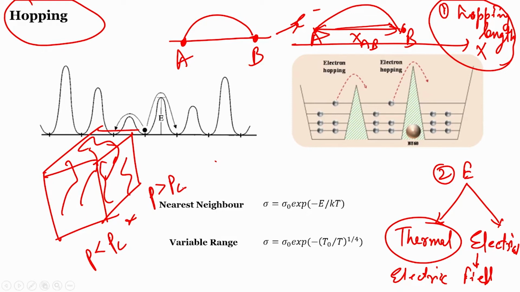Now let us try to understand these two cases in terms of hopping length. Let's say in the case of P less than Pc, I will try to draw how it will look from a top view. So I am drawing a top view here. This is the case for P less than Pc.